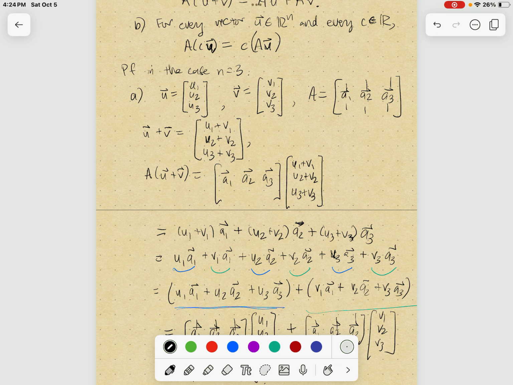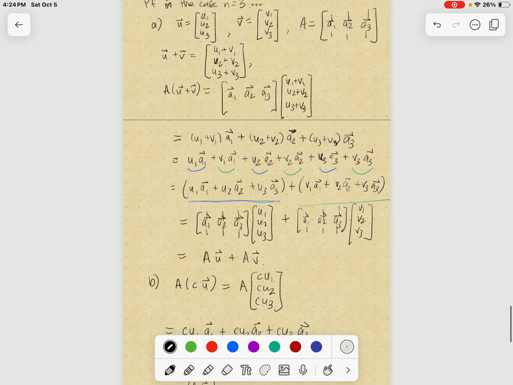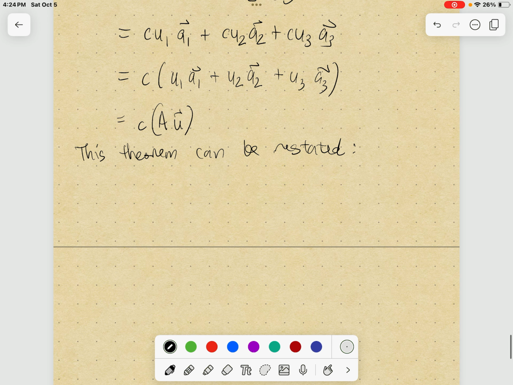The proof is the same idea. And sometimes this theorem can be combined. So this theorem can be restated in the following way. Sometimes it could be stated as this.